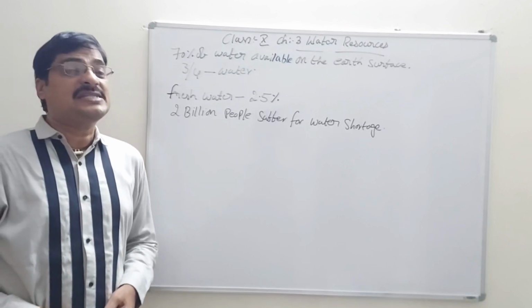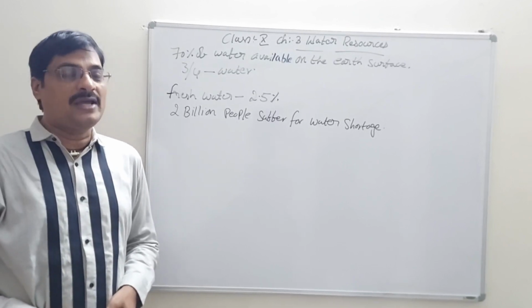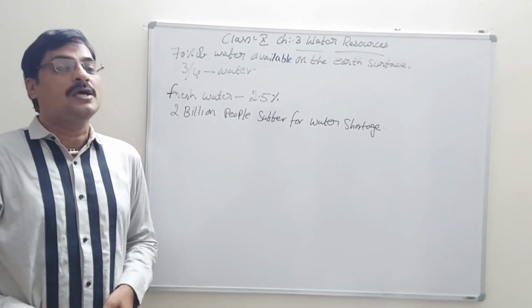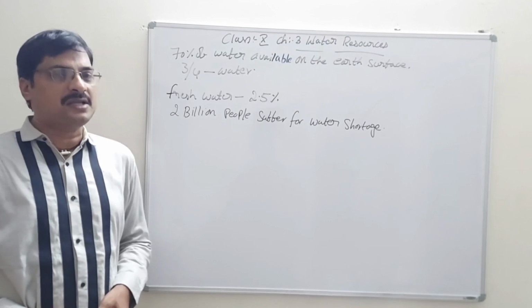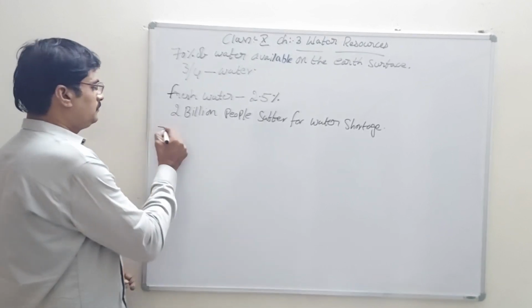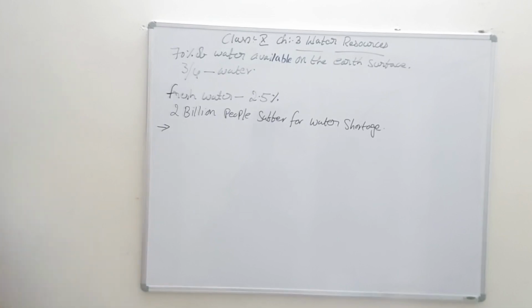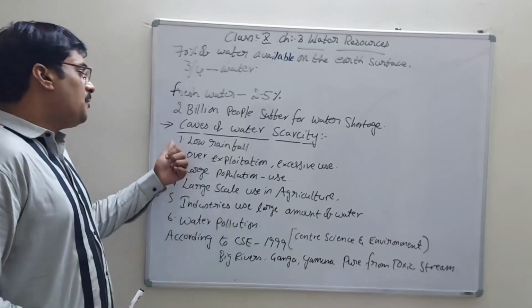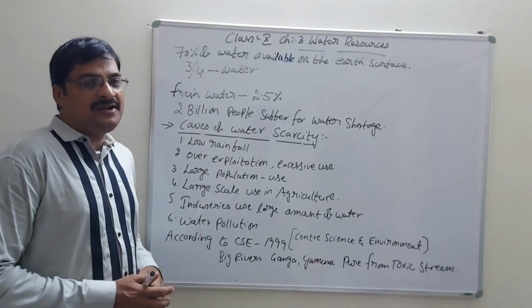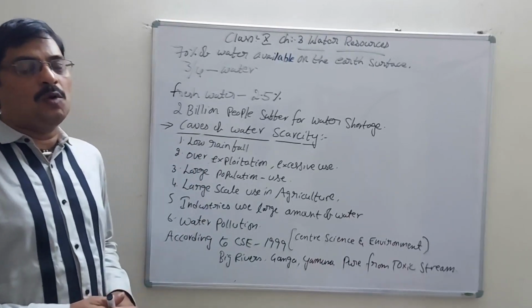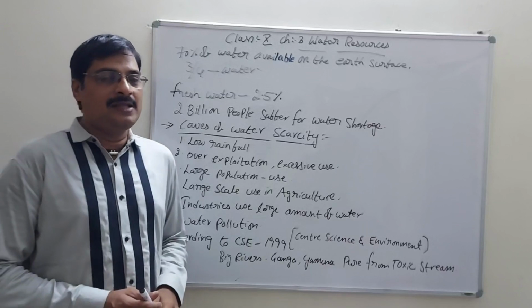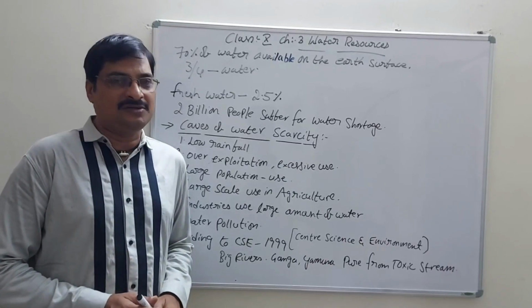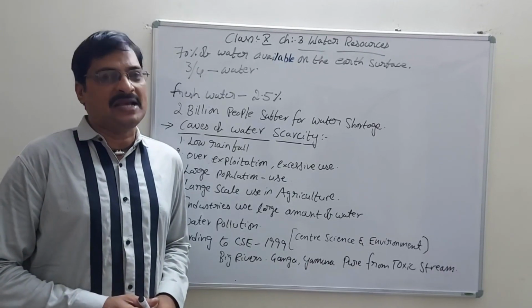Why the scarcity, meaning shortage? Why the shortage of water resources on the earth's surface? Causes of water scarcity. We have to know about them. Low rainfall. Why does low rainfall occur in some areas of our country, for example Rajasthan?